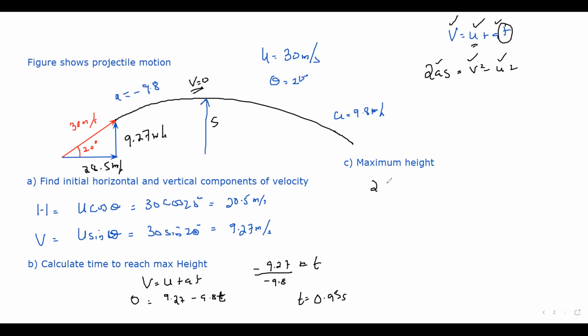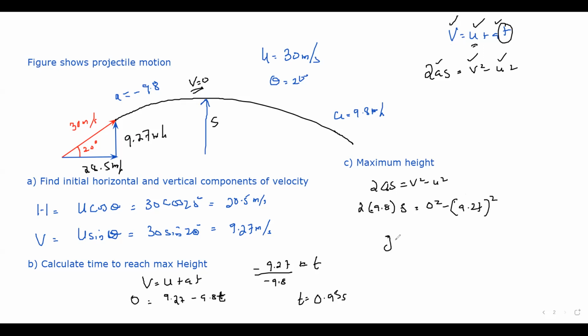So 2as equals v square minus u square, or 2 into 9.8 into s equals 0 square minus, but here it will be negative. Why negative? Because it is against the gravity. And initial velocity is 9.27, so 9.27 square.